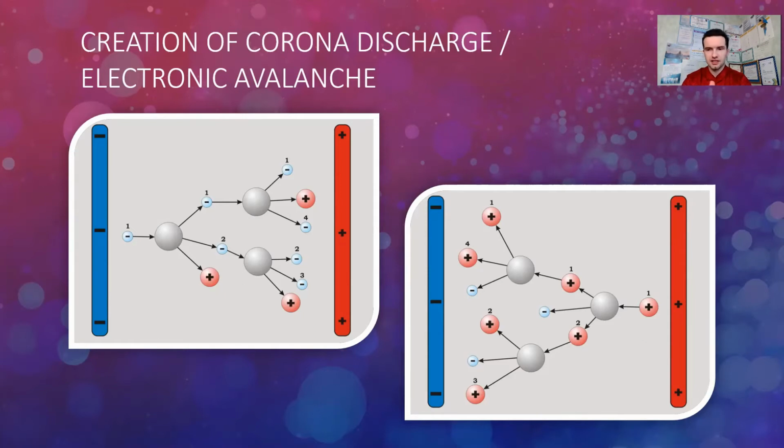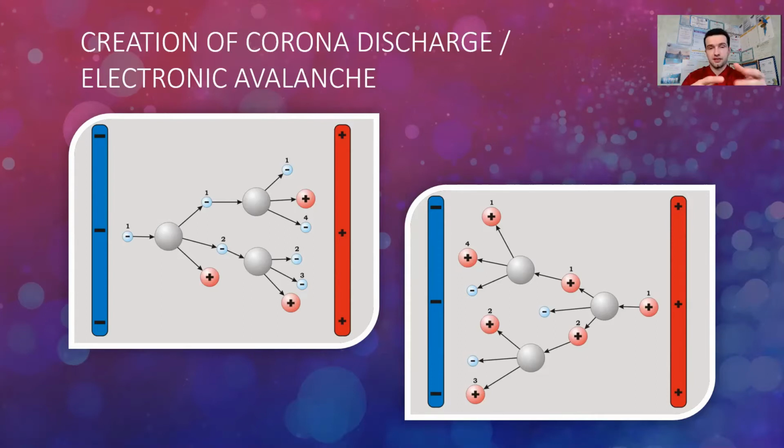And as you can see on the second scheme, the same process is going on in the opposite direction, where the positively charged ions are flying towards the negatively charged electrode. So just because of the flow in the opposite directions of the negatively charged ions and positively charged ions, like electrons and protons, the electric current appears in the air, the so-called electronic avalanche.